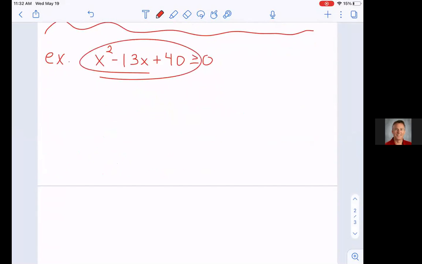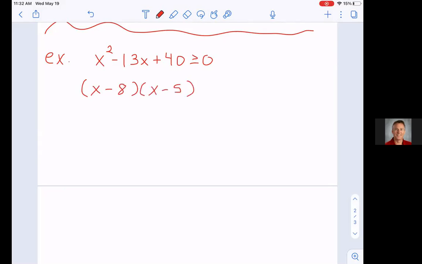If it doesn't factor, we could use the quadratic formula, but I think this one does factor. Factors of 40 that would give you 13 would be 8 and 5, right? So that's going to be x minus 8 times x minus 5. So that means my key points are 8 and 5.